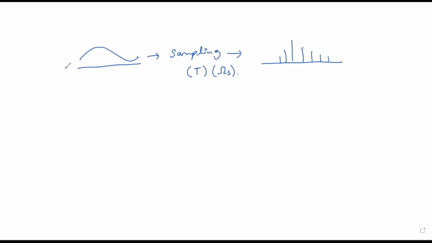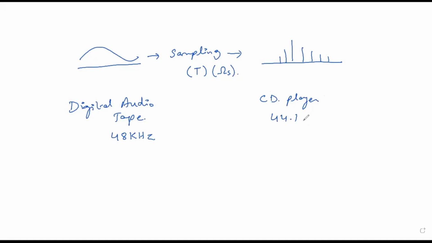A very common example of this is a digital audio tape, which operates at 48 kilohertz, right? At the other end, we have a CD player which operates at, say, 44.1 kilohertz. In order to record the data from a digital audio tape to a CD, you have to reduce your frequency, 48 kilohertz, to 44.1 kilohertz.